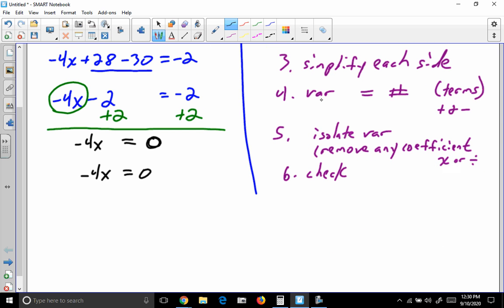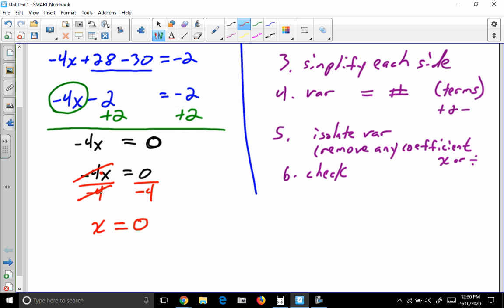So we've got our variables on one side, numbers on the other, so then step 5 is to isolate our variable. That negative 4 is times x, so the opposite of multiplying is to divide. So divide both sides by that negative 4, so that negative 4 over negative 4 cancels. 0 divided by anything is 0.